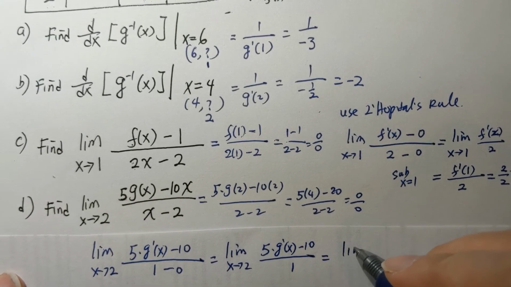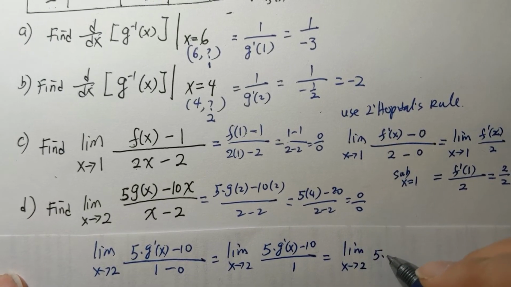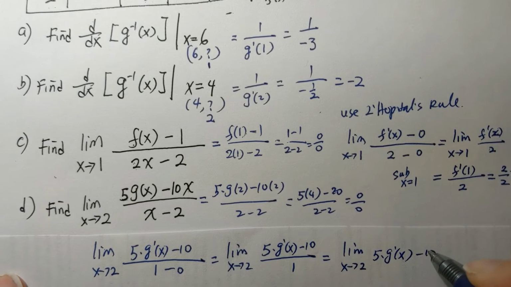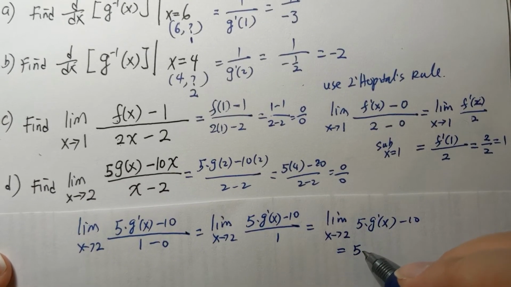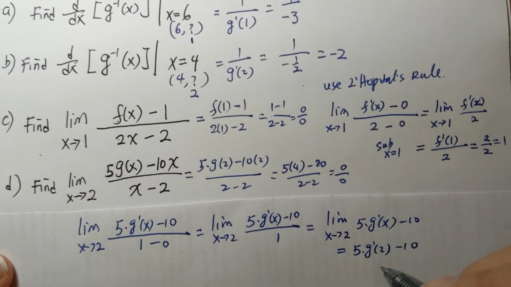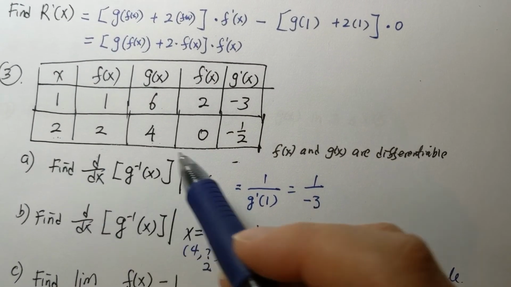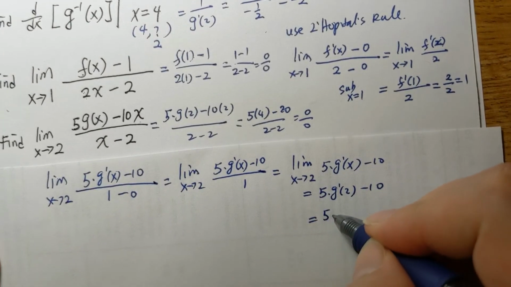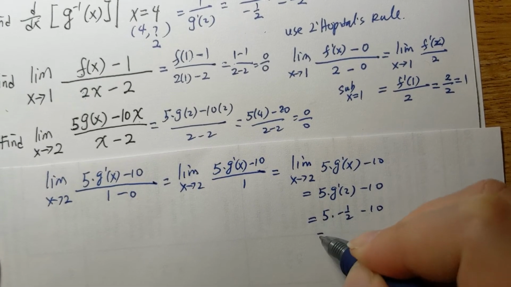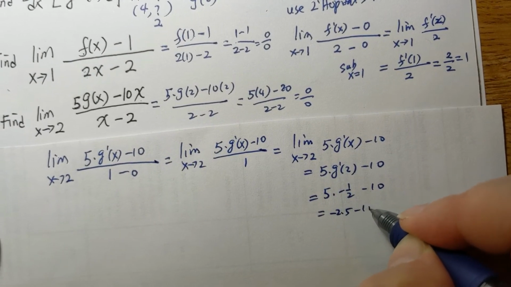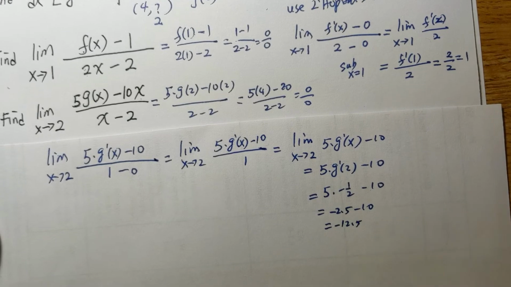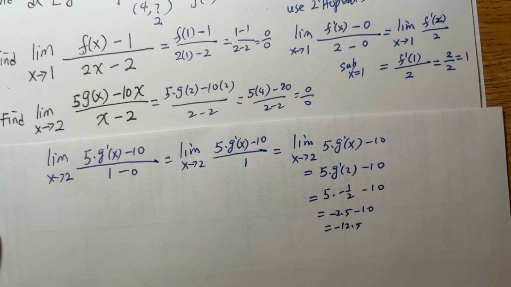So now substitution. g prime of 2, you get negative half. So now we just simplify. So we finished part D.